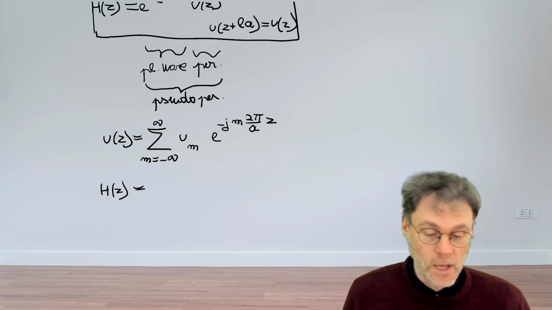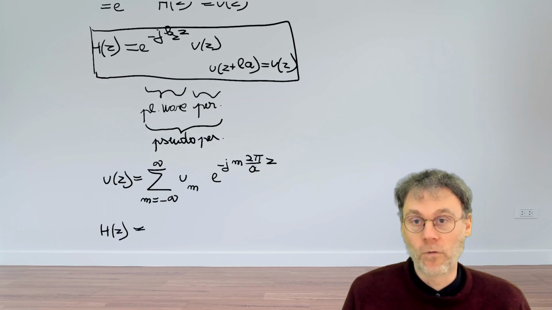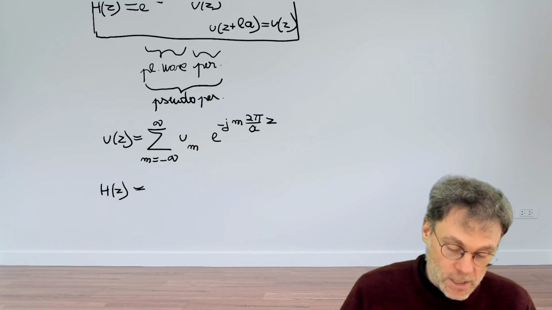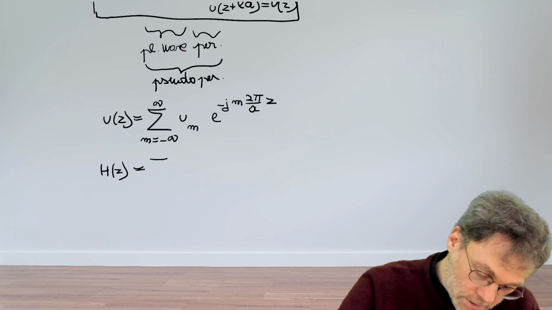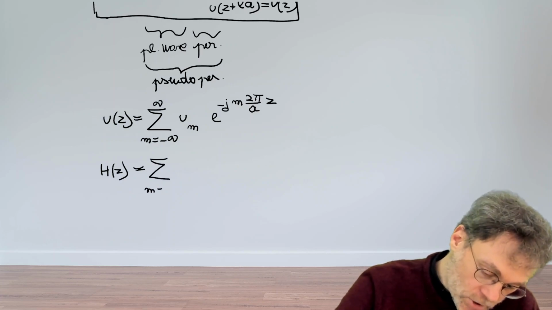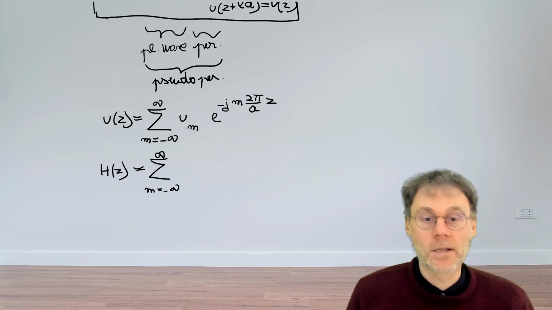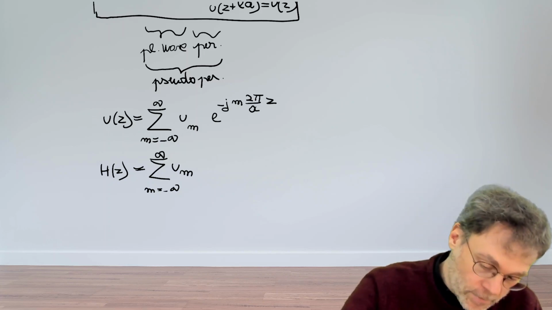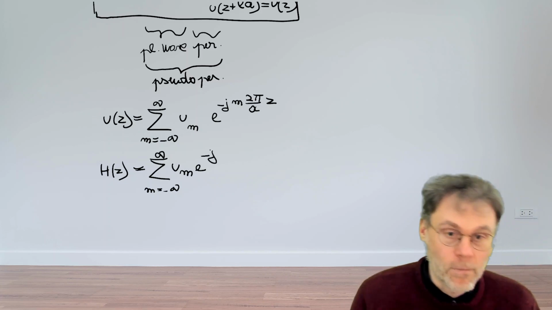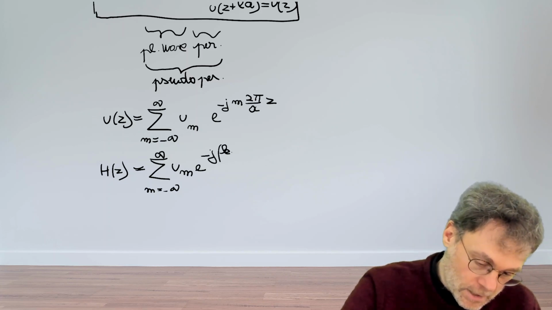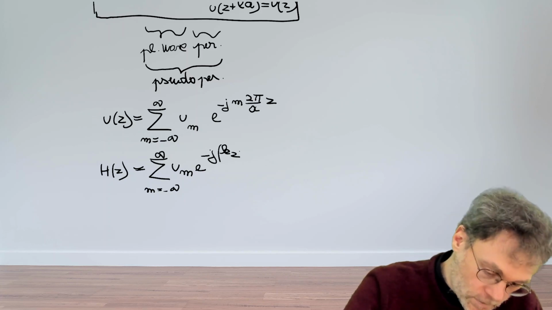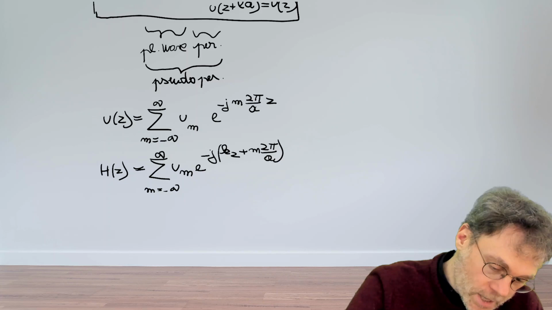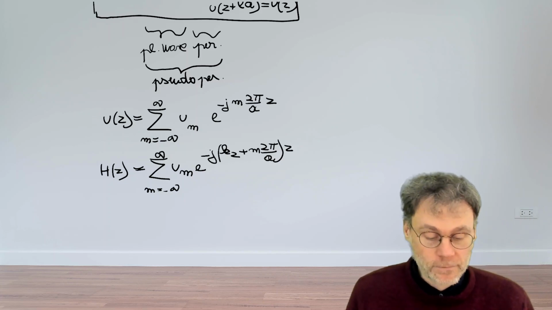The only thing we need to do, if you look at the formula again, is multiply everything by exponential minus j kz. So then we can write that our Bloch mode is a sum from m going from minus infinity to plus infinity, some expansion coefficients u m, and then exponential minus j, kz, our Bloch mode vector, plus multiples m of 2 pi over a, times z.